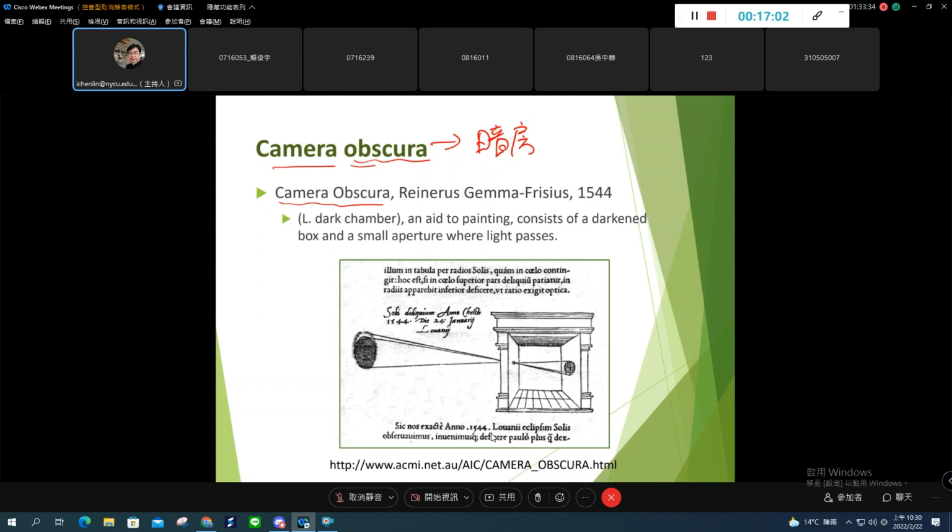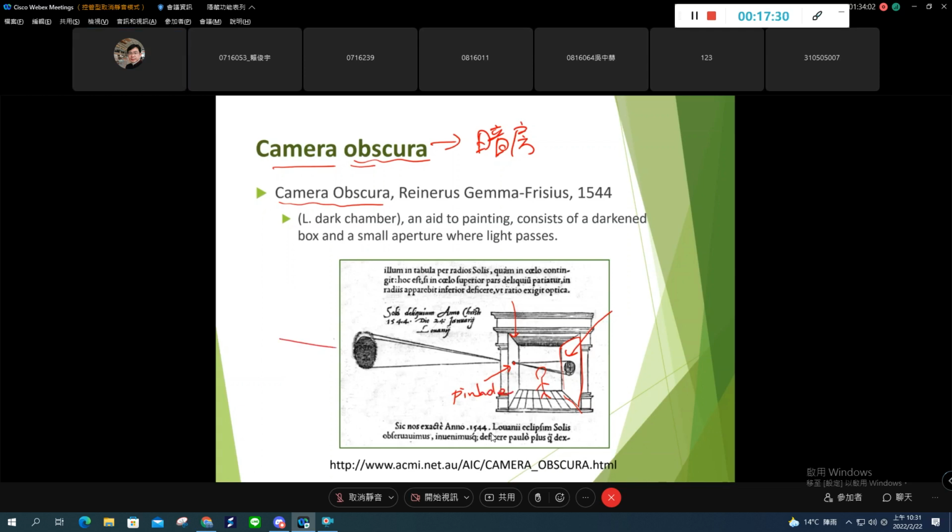So if you would like to paint this wall, this white wall, and the artist has trouble mimicking or reconstructing the whole thing, right? One idea is that perhaps we can use a board or something, and you can draw a hole here. So that is our pinhole here.